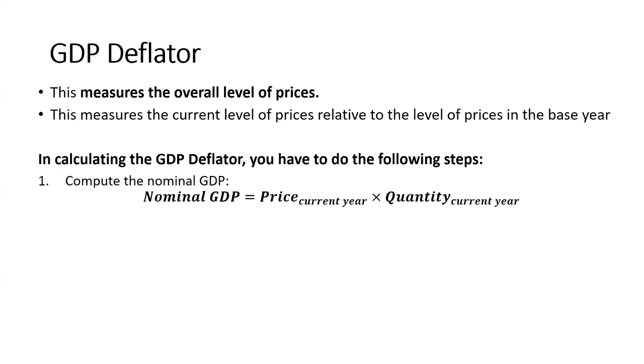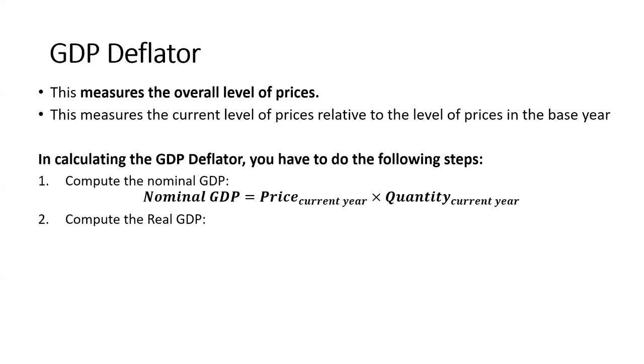After you compute the nominal GDP, you simply compute the real GDP. The real GDP considers the base year price. Since we consider the base year's price, this is already corrected by the inflation. This is already adjusted by the inflation.